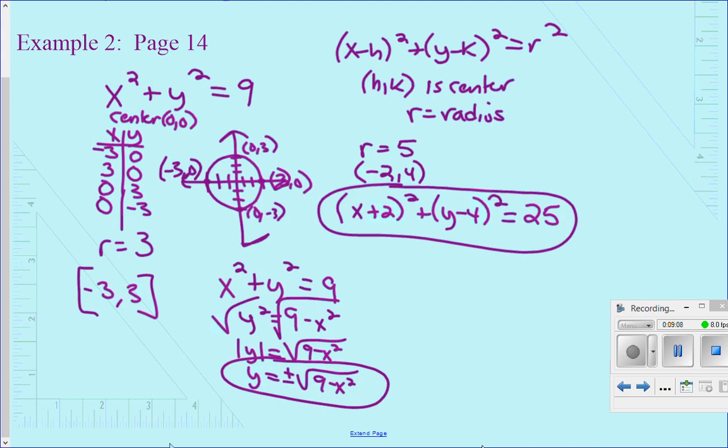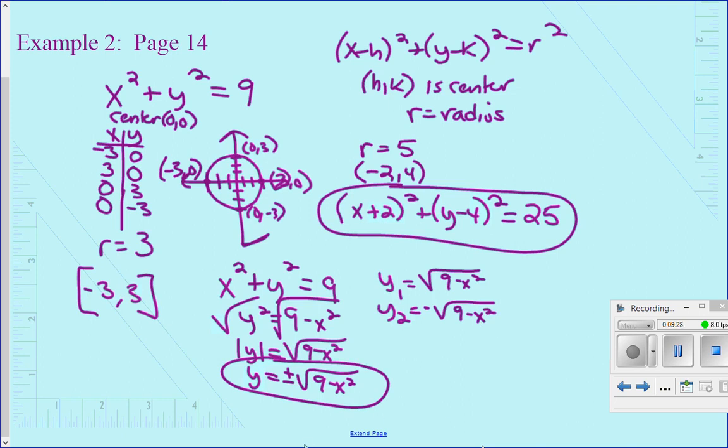Now, the reason that's helpful is because I can go into my calculator, into y1 and into y2, and I'll type in the square root of 9 minus x squared for y1, and then negative the square root of 9 minus x squared for y2. And I'll graph both.